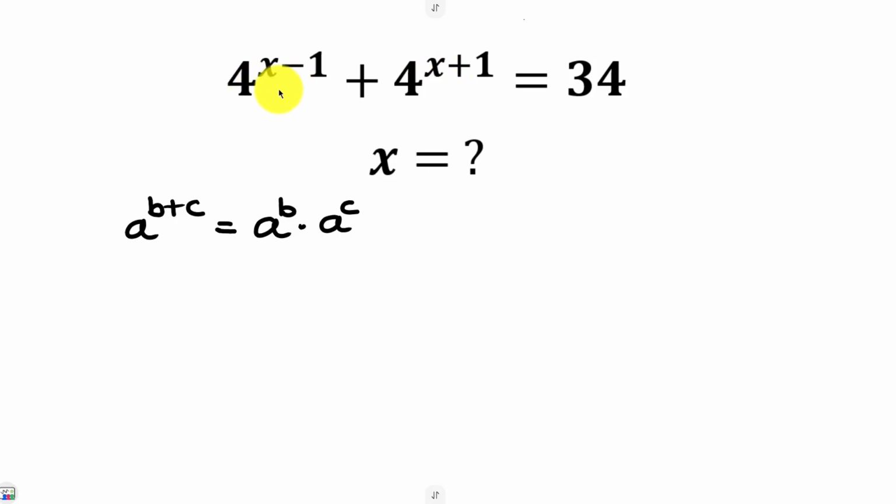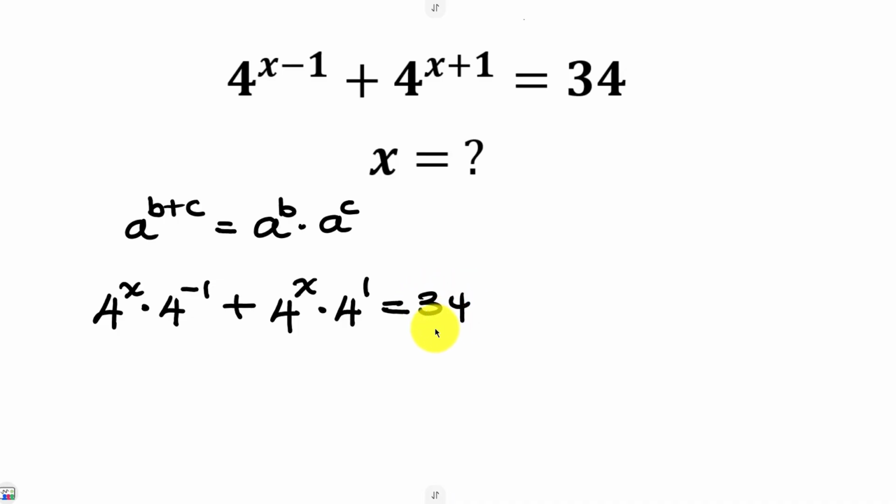That means this expression can be written as 4 to the power of x times 4 to the power of negative 1. Very good. Plus, now we do the same thing here. This will be 4 to the power of x times 4 to the power of 1, and this is equal to 34. Very good. Now notice that 4 to the power of x is common on the left hand side.